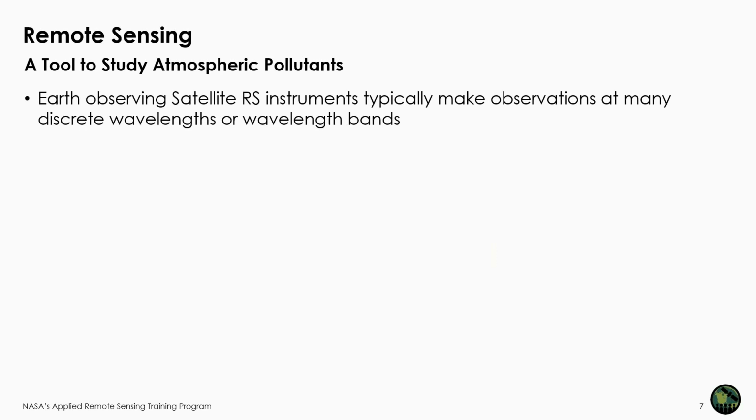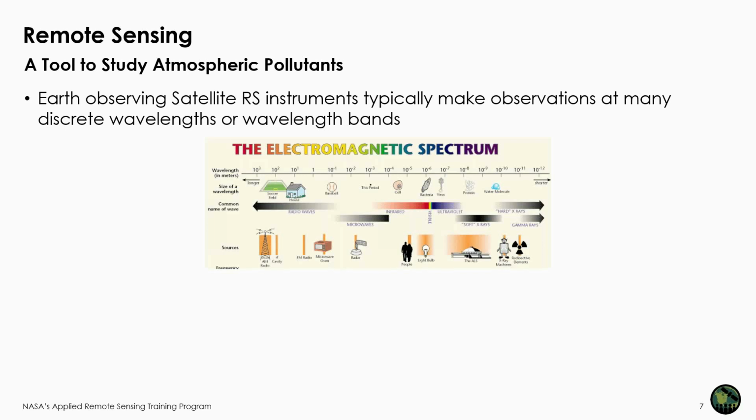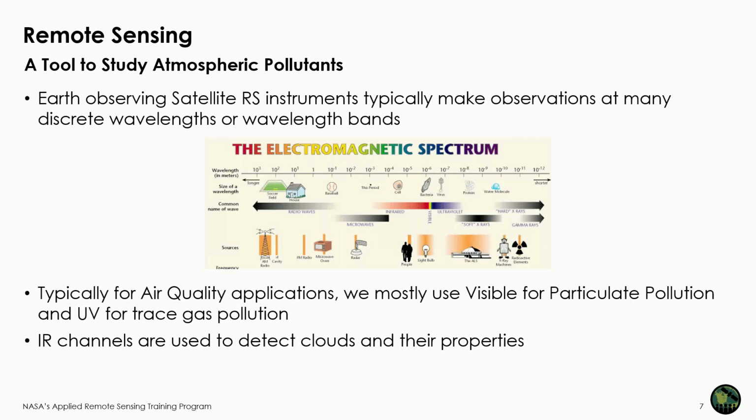Now, as far as the atmospheric pollutants are concerned, we make observations in different wavelengths in the electromagnetic spectrum, and typically for air quality applications we mostly use the visible part of the electromagnetic spectrum, which essentially ranges from 300 nanometers to 700 nanometers.